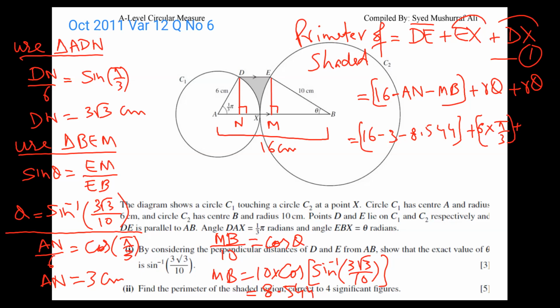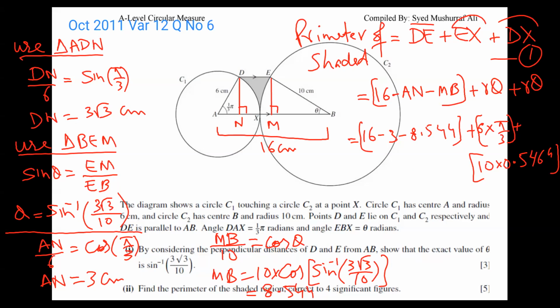So I'm writing here 10 times 2 times 0.5464. Okay, and now I'm finding the final answer. This will give me this times 10 plus 2 times 2 pi. I'll check again. 16 minus 3 root 3 minus 8.544, I'm typing in the calculator first.